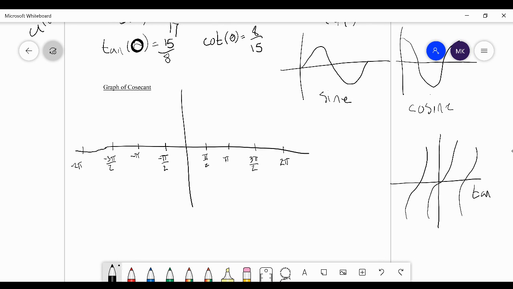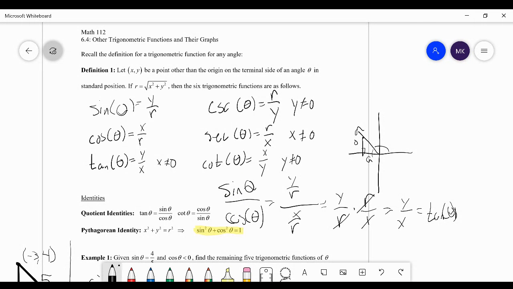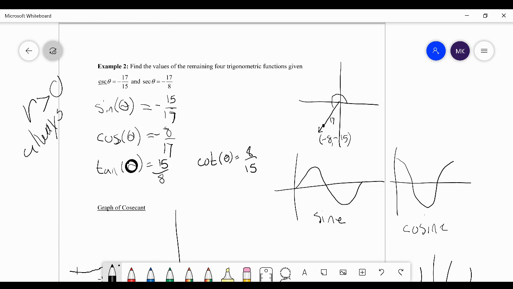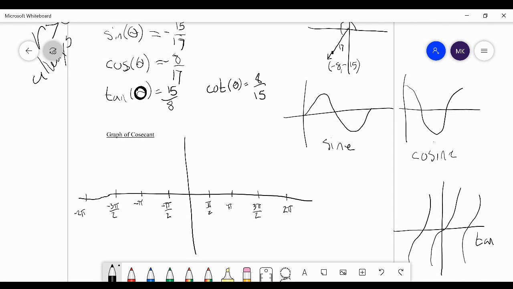So cosecant, remember, is r over y. Okay, so anytime y is 0, it's undefined, and we get a tangent line. Our y is 0 at negative 2 pi, negative pi, 0, pi, and 2 pi.